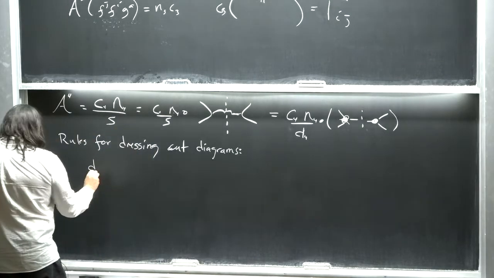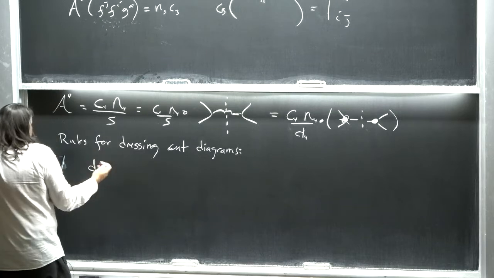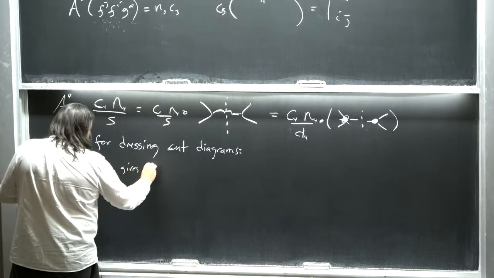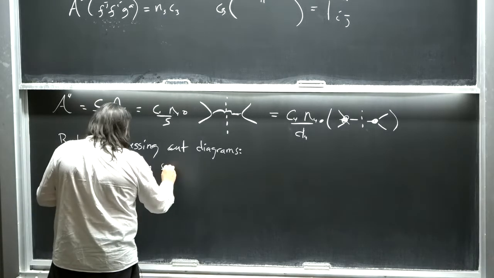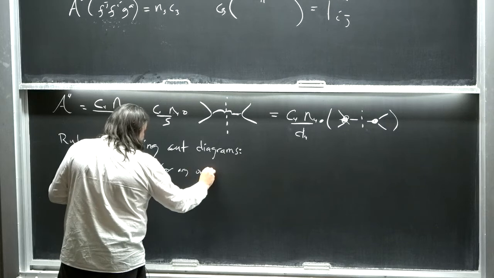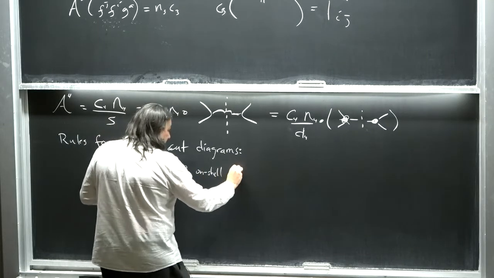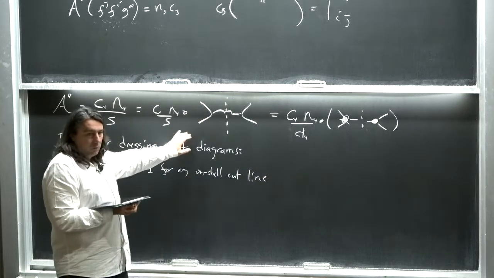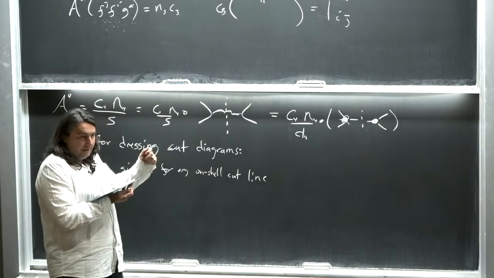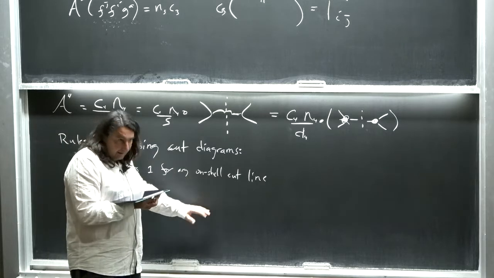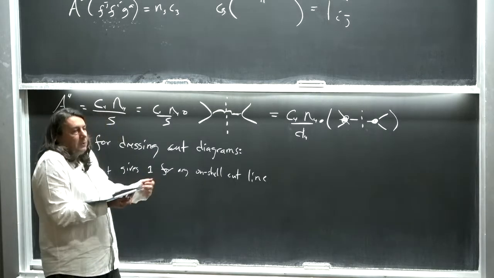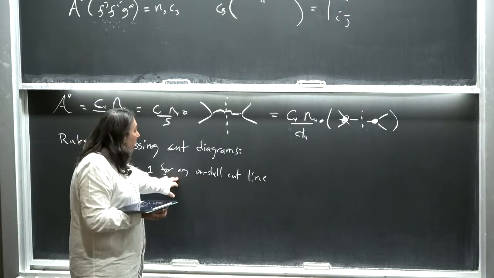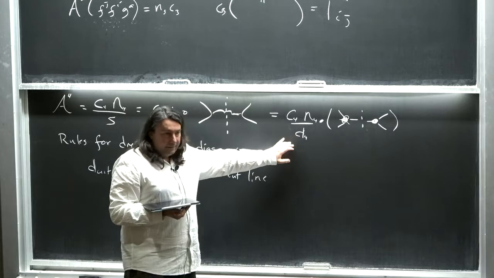The denominator, the propagator structure from the cut, gives 1 for any on-shell cut line. Otherwise, you get an infinity, right? Because once I put S on shell, if I actually had S in the denominator, I have infinity. I'm looking at the residue on the pole. So really what I'm doing is looking at the residue on the pole. The rule is you just turn any cut line into 1.